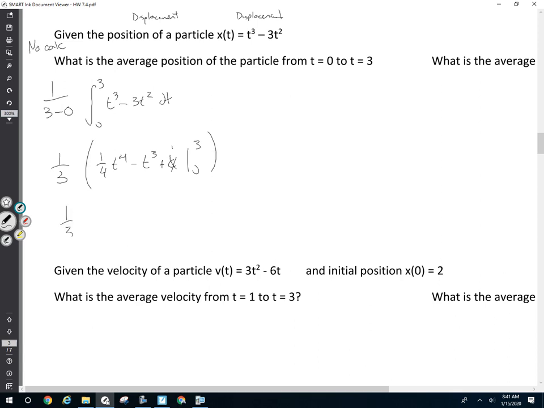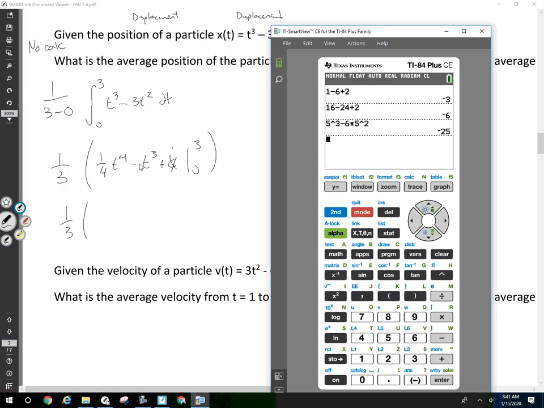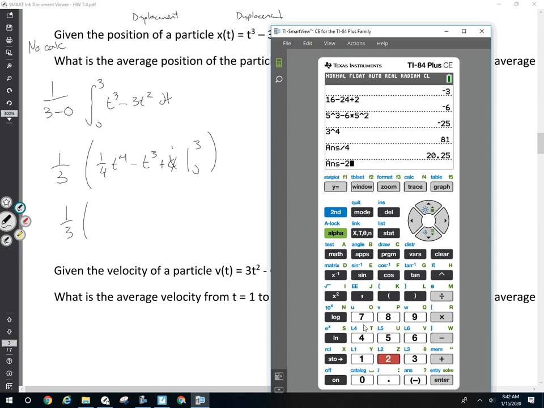From 0 to 3, I'll use my calculator for this. I mean, I said no calculator, but then I'm telling you that you can use your calculator. So 3 to the 4th divided by 4 is 81/4, minus 27.